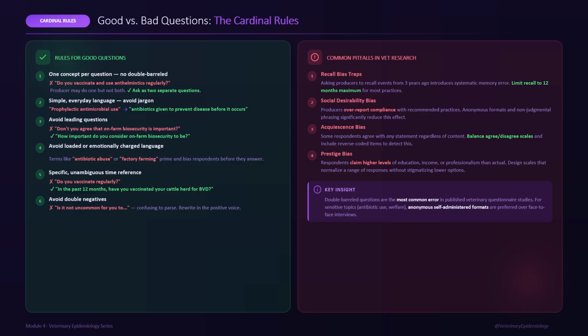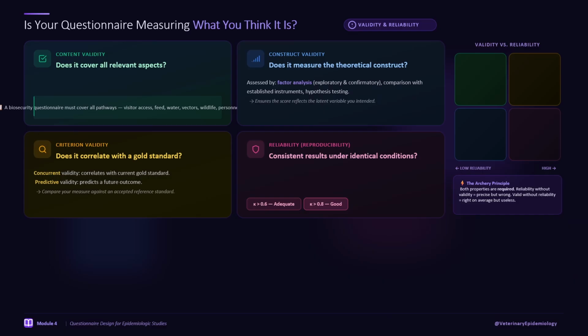Here's an ACVPM exam tip. Given a question stem, be ready to name the specific flaw. Double-barreled, 2 questions in one, leading implies a preferred answer, or negative wording creates confusion through negation. Each introduces systematic measurement error. Big question.